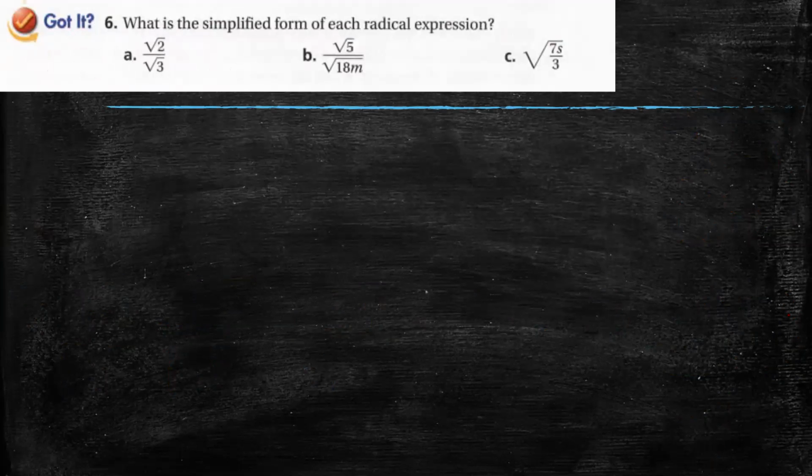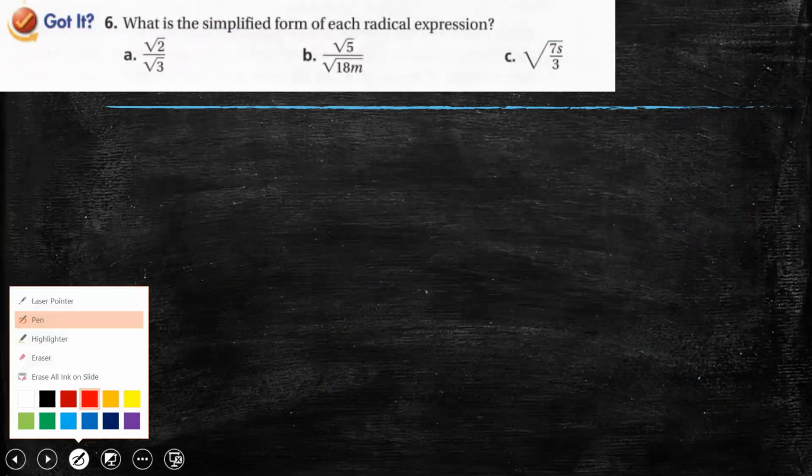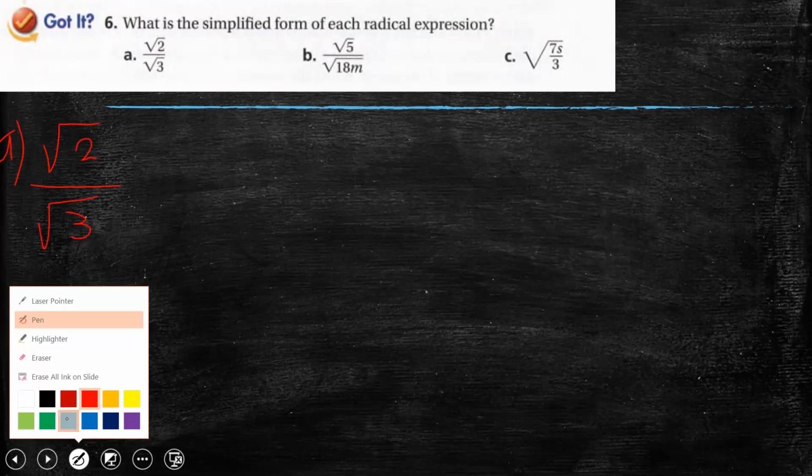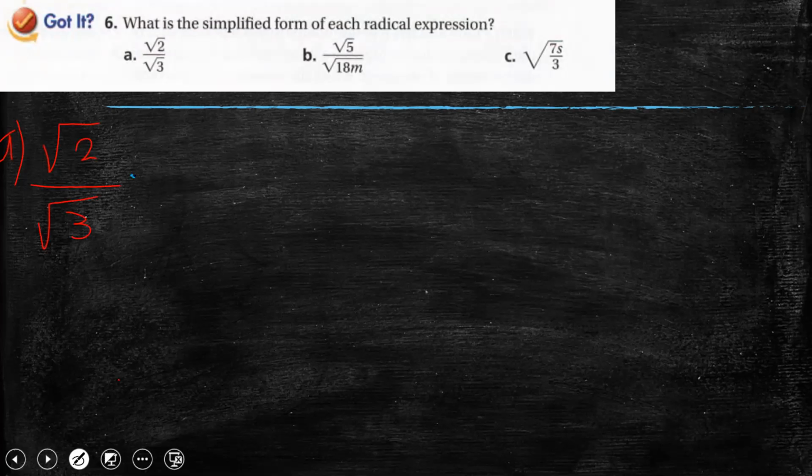What is the simplified form of each radical expression? Let's start with A now. Square root of 2 over square root of 3. Now, what is the denominator? Square root of 3. And up, I will multiply by square root of 3, the same number, up and down.